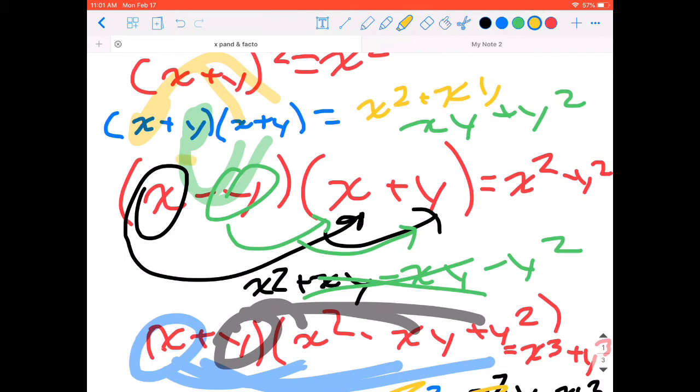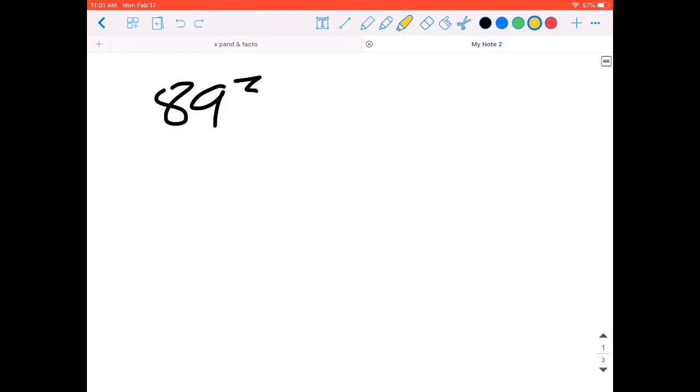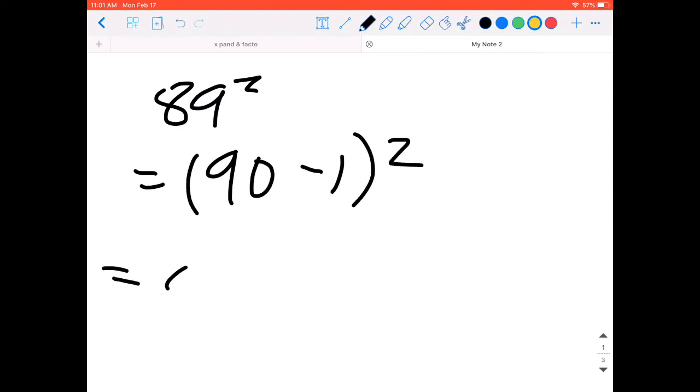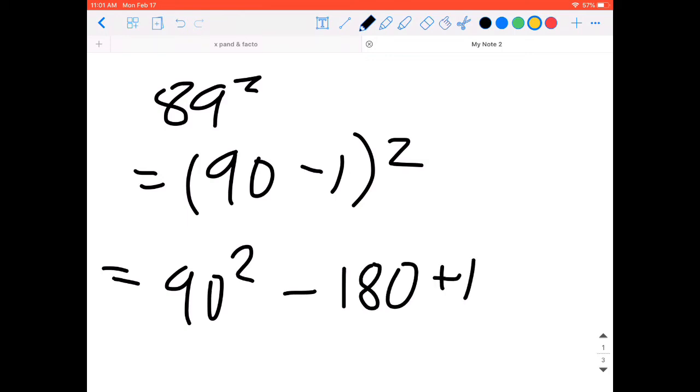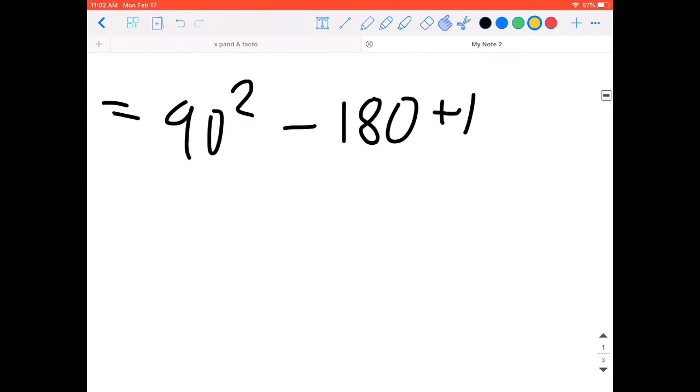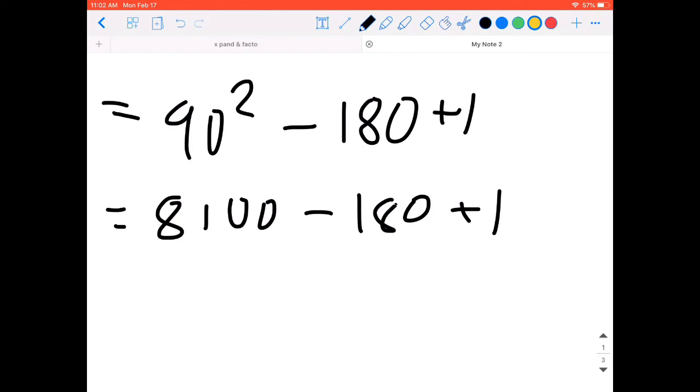We can use this one, difference of squares, and that equals 90 minus 1 squared, which equals 90 squared minus 180 plus 1. 90 squared is that, and then you're subtracting 180 and you're adding 1. And that's really easy to do rather than simply doing 2-digit multiplication.